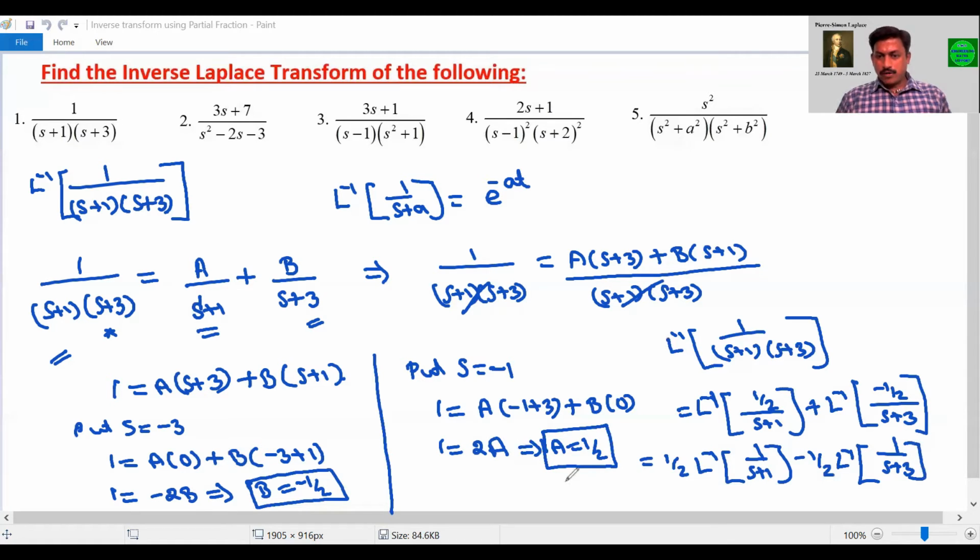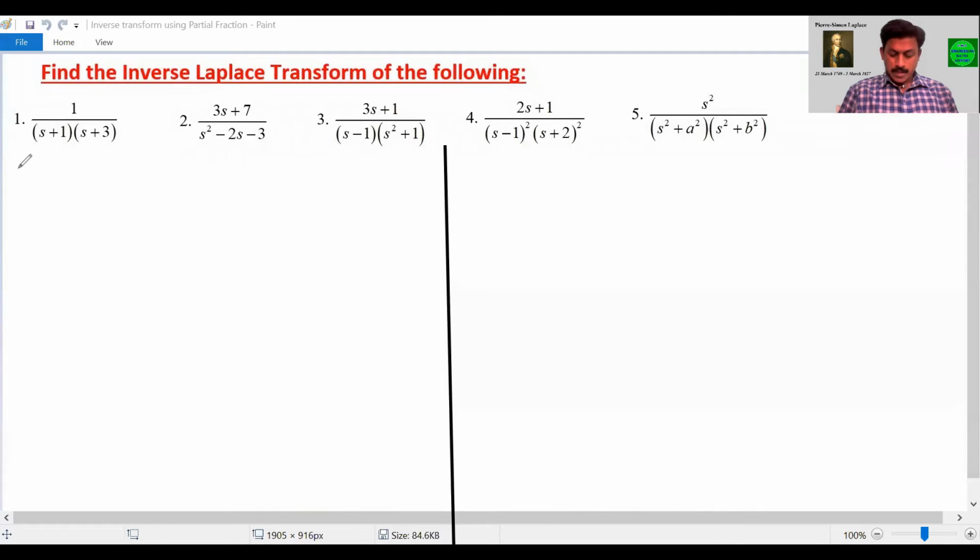Finally, 1 by 2 into L inverse of 1 by (s plus a) is e power minus at. Here a is 1, so we get e power minus t. Here minus 1 by 2 into, a is 3, so we get e power minus 3t. Therefore, L inverse of 1 divided by (s plus 1) into (s plus 3) equals 1 by 2 into e power minus t minus 1 by 2 into e power minus 3t, which is the required answer.